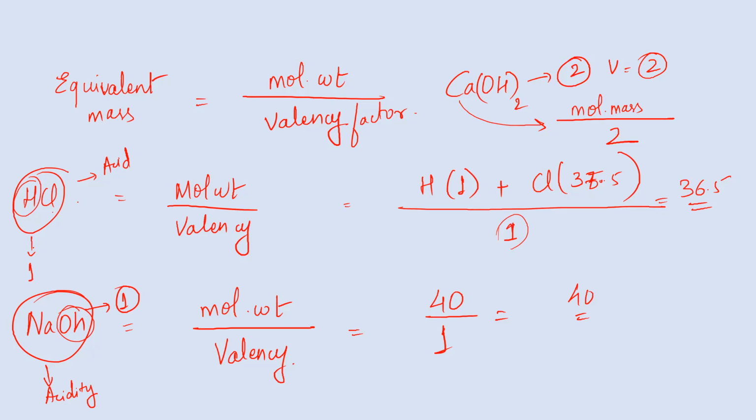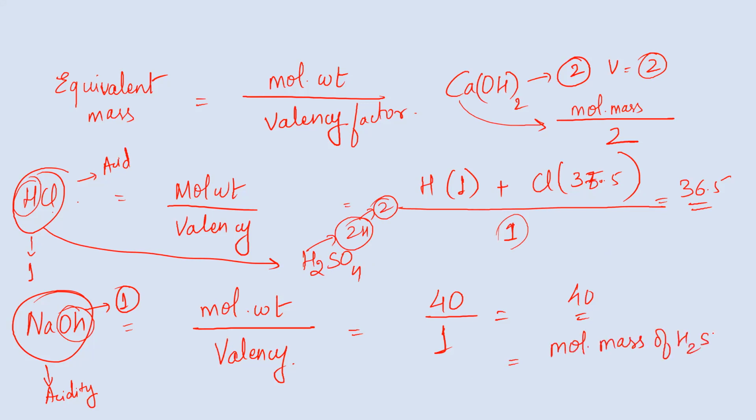Okay, similarly, if it is H2SO4 and I want to calculate the equivalent mass of H2SO4, there are 2 H. So the valency is 2 here. So it becomes the molecular mass of H2SO4 divided by 2.